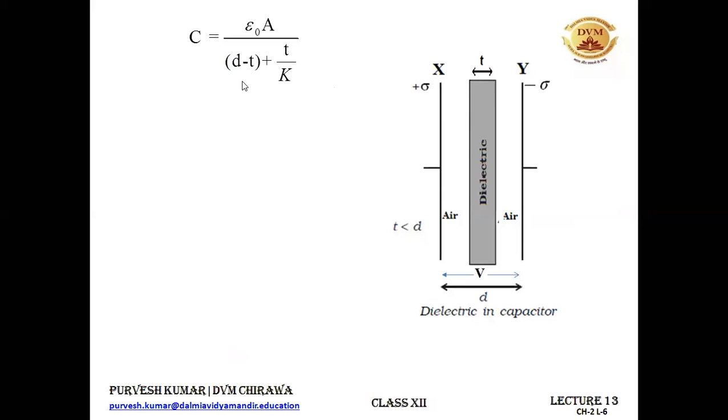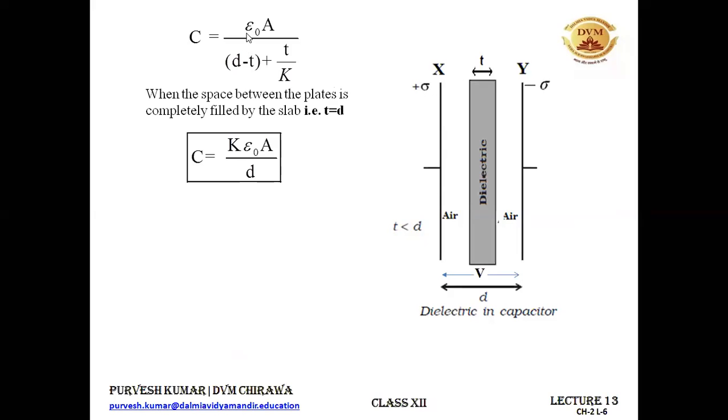So just put t equal to d here. You can write it like this: epsilon naught A, d minus d is 0, and in place of this t, you can write d. This K will go into the numerator. So you are left with C equal to K epsilon naught A by d.